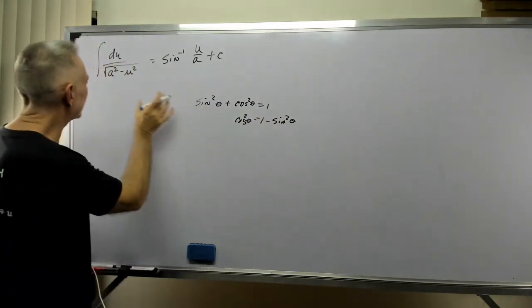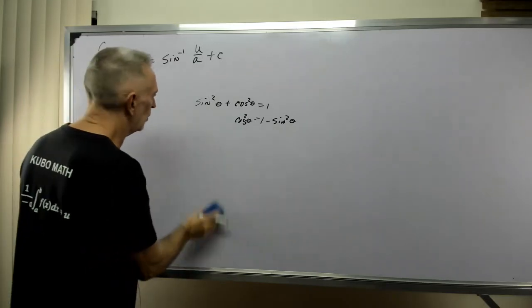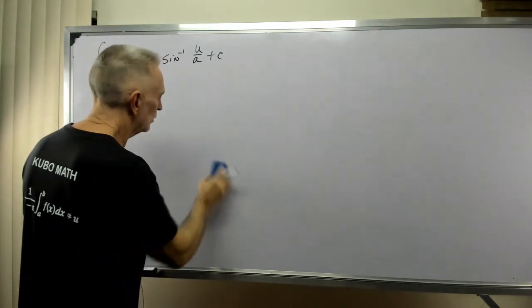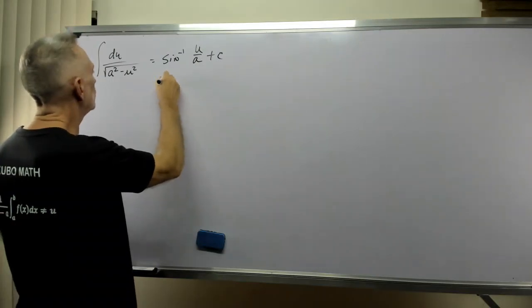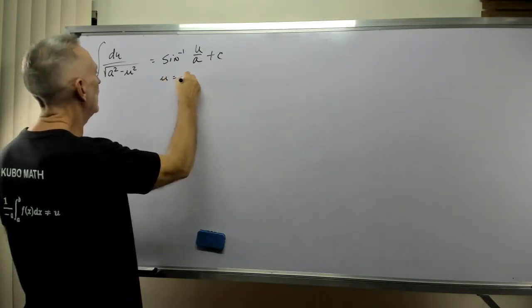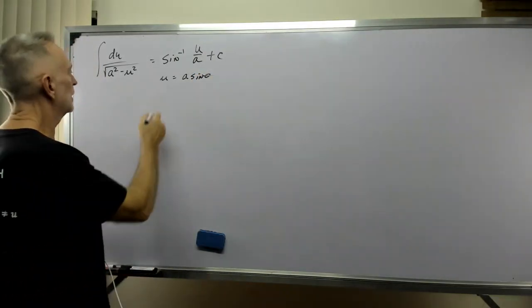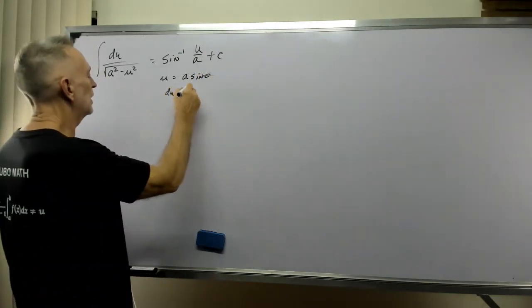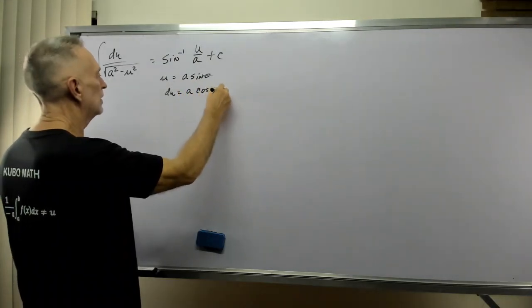That's kind of the same form. So why don't we let u equal a sine theta. Then du equals a cosine theta d theta.